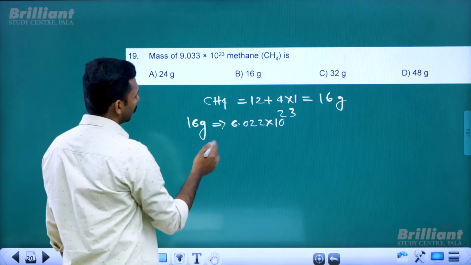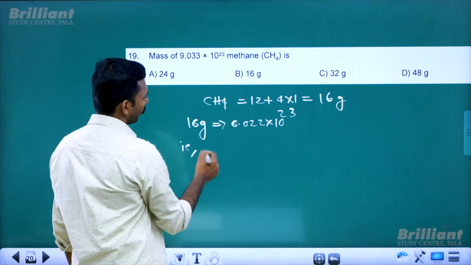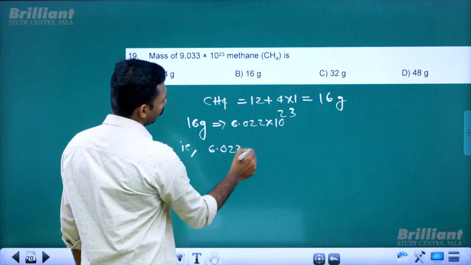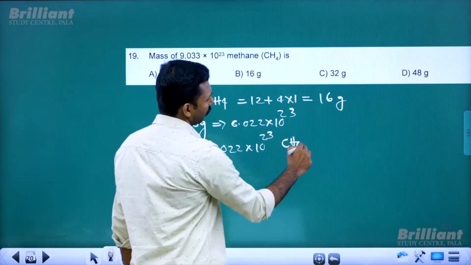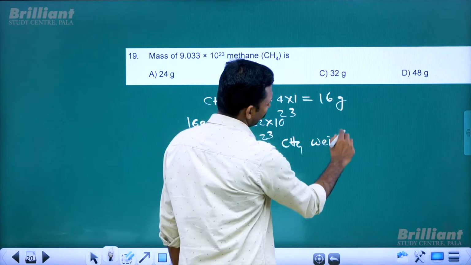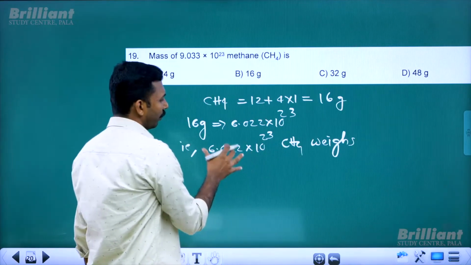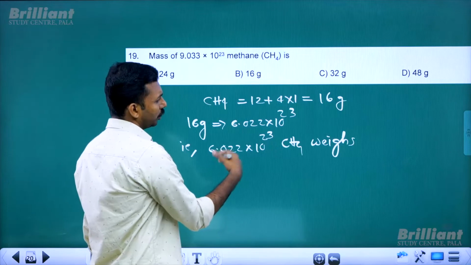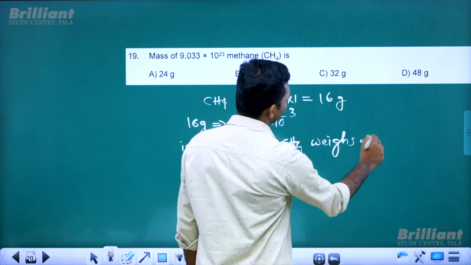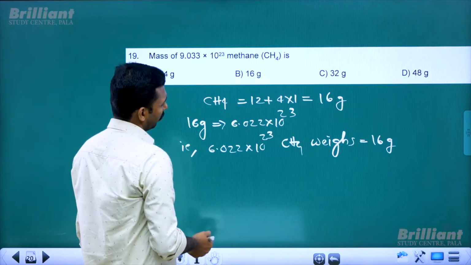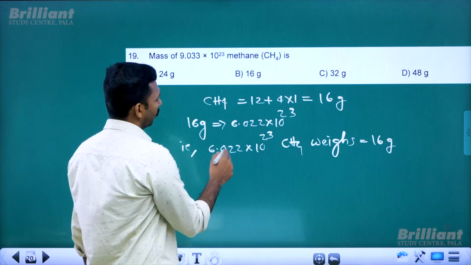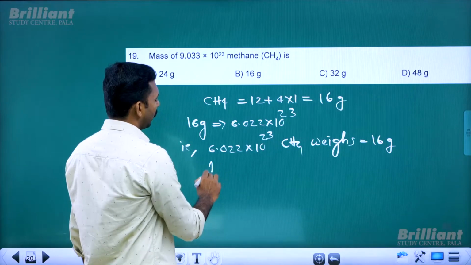So we have to calculate its mass. I am reversing this equation. 6.022 into 10 raised to 23 CH4 weighs, that means the mass of 6.022 into 10 raised to 23 methane is equal to 16 gram. So what will be for one methane molecule?